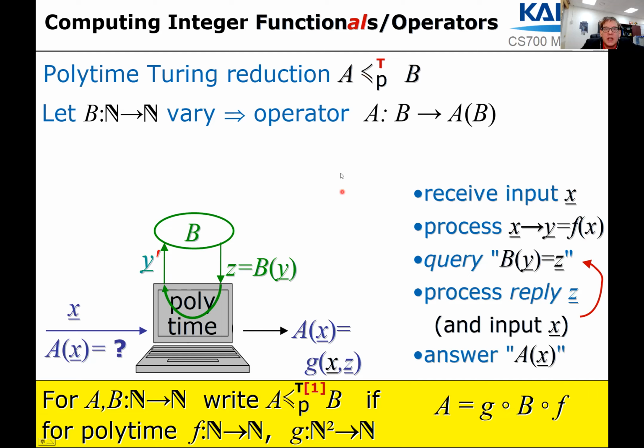And so the general setting is that we have an operator which is polynomial time computable, which maps the oracle b, now it's given, it's not fixed anymore, the given oracle b as a function to a new function a. So the difference to our previous setting is that previously b was fixed, and now we let b vary to obtain some kind of higher type computation that maps integer functions b to the new function a in dependence on b.